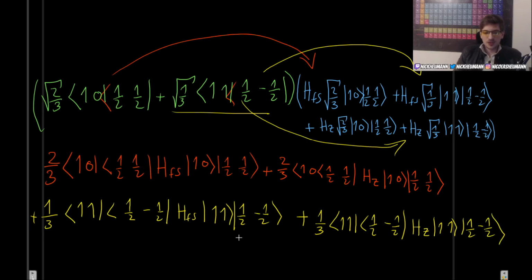Okay. So now we have the Hamiltonians acting on the states, and we already know what that is. So fine structure acting on these states, which have j equals 3/2. That means that this is going to be minus gamma. So, minus gamma, minus gamma.